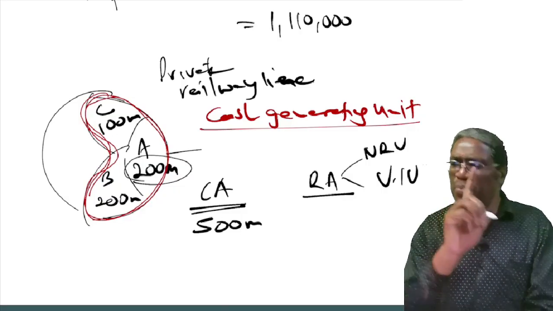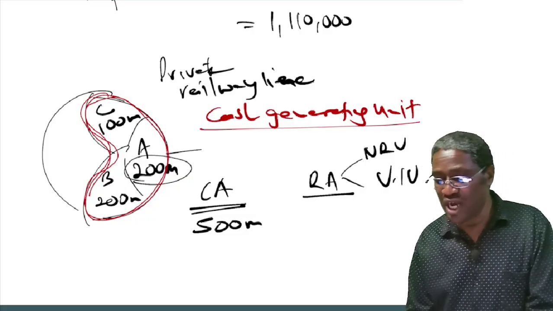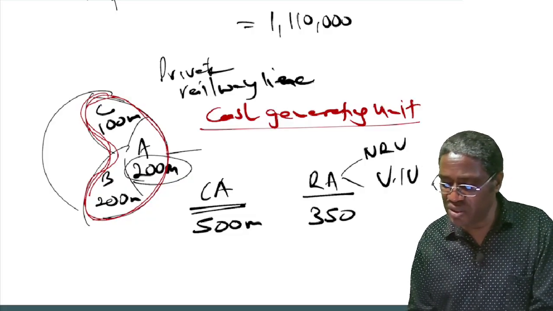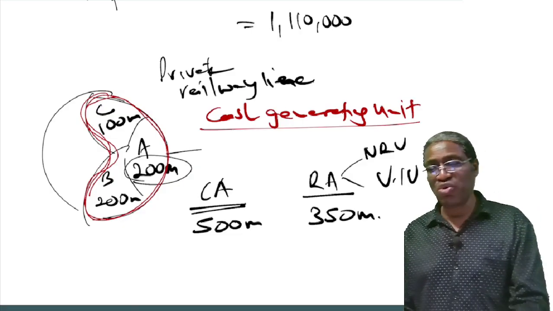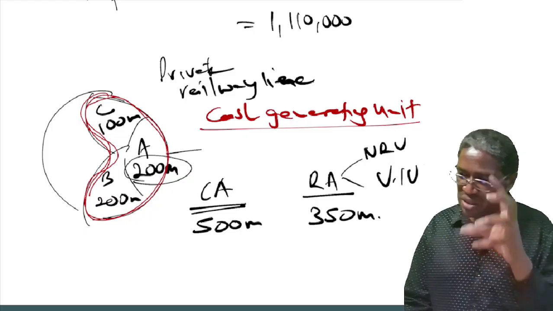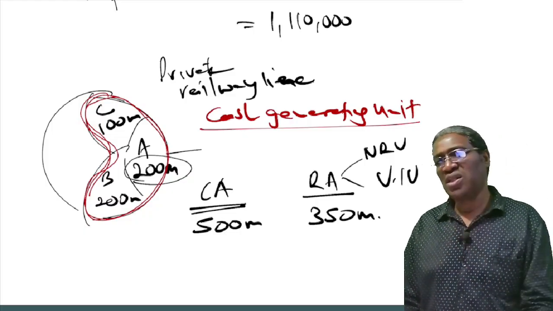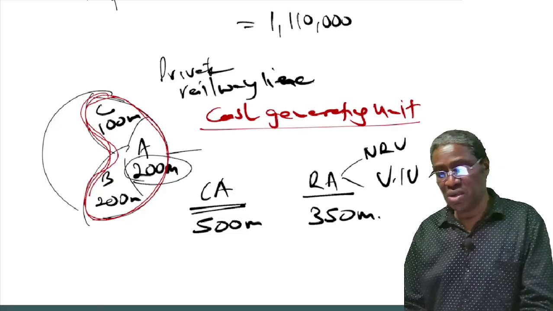Listen, suppose you calculate the recoverable amount of this unit and you get it's 350 million. So you will ask yourself, has the unit suffered? The answer is yes. Why?